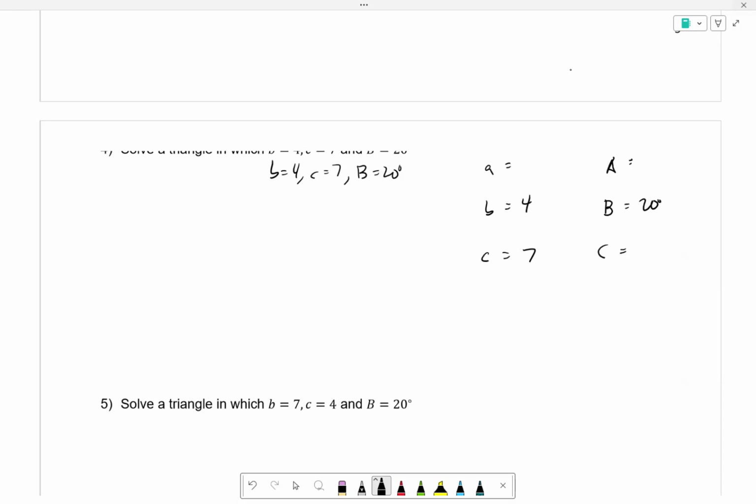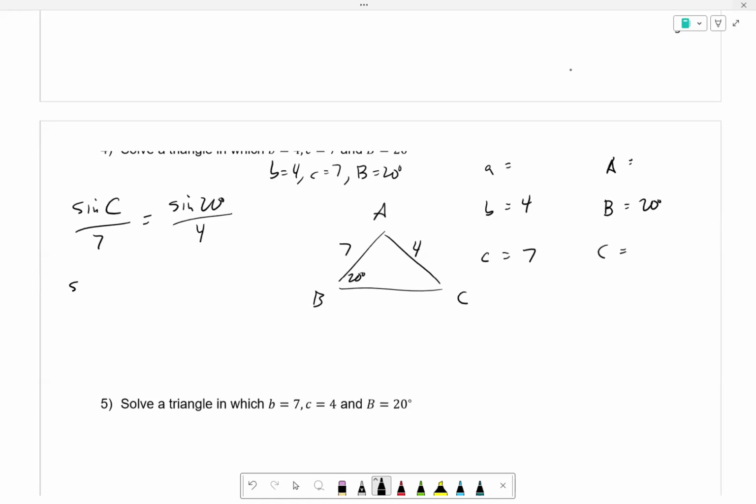Sure. So first I drew it out and labeled everything: 20, and then big C, small c to 7. And so I did sine C over 7 is equal to sine 20 over 4.